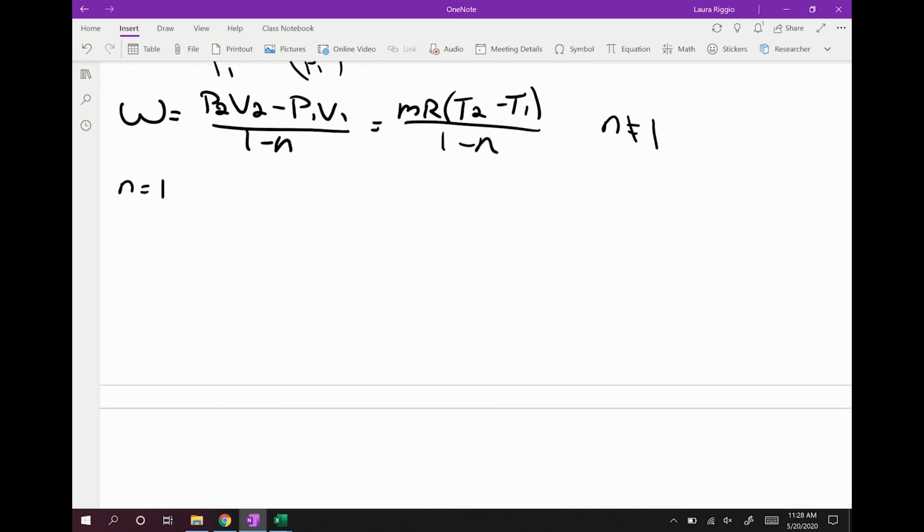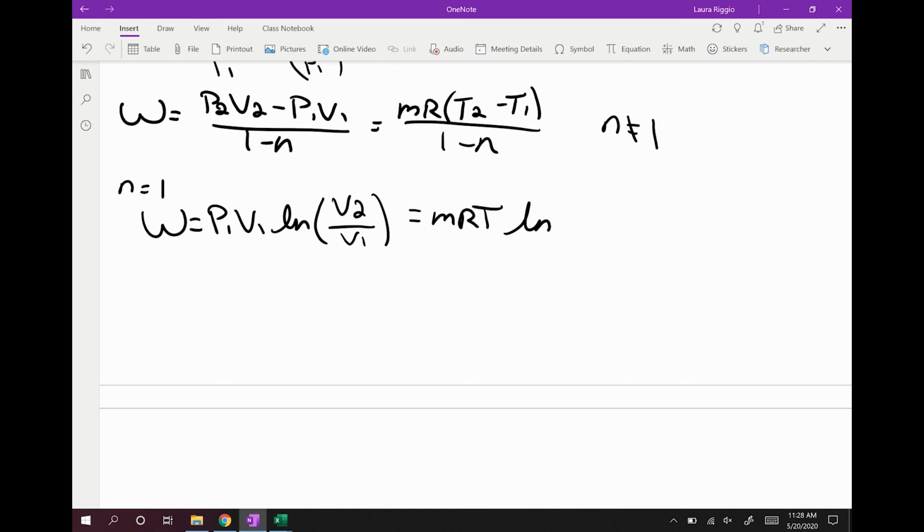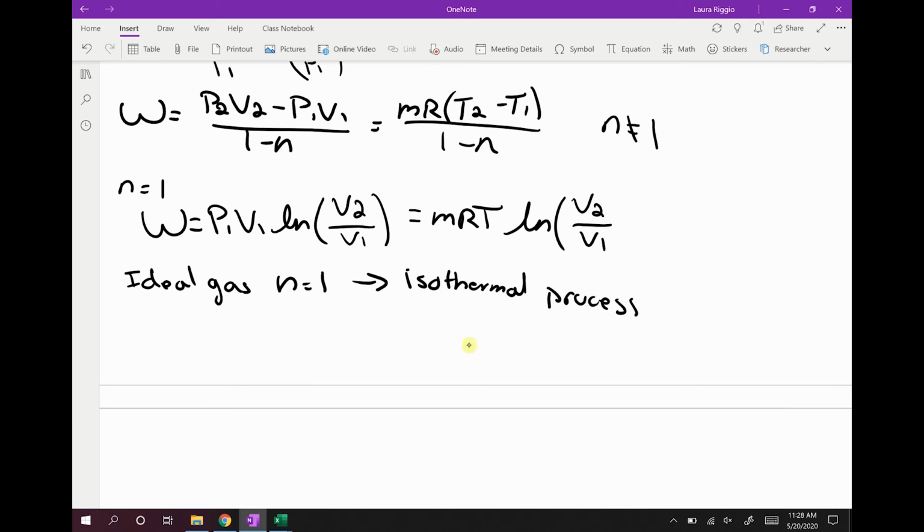For n equals 1, we have our work, which is equal to P1 V1 times the natural log of V2 over V1, which is equal to mRT times the natural log of V2 over V1. And for an ideal gas, n equals 1 is an isothermal process.